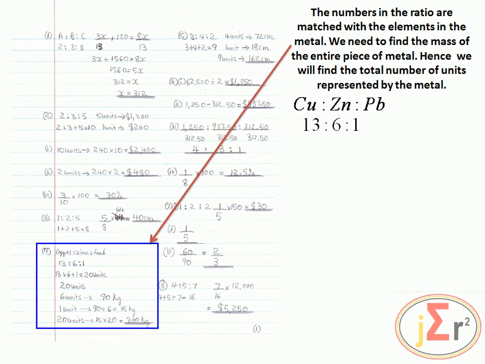A piece of metal is made from copper, zinc, and lead in the ratio 13:6:1. The mass of zinc is 90 kilograms. Calculate the mass of the metal. So we need to calculate the mass of the metal.